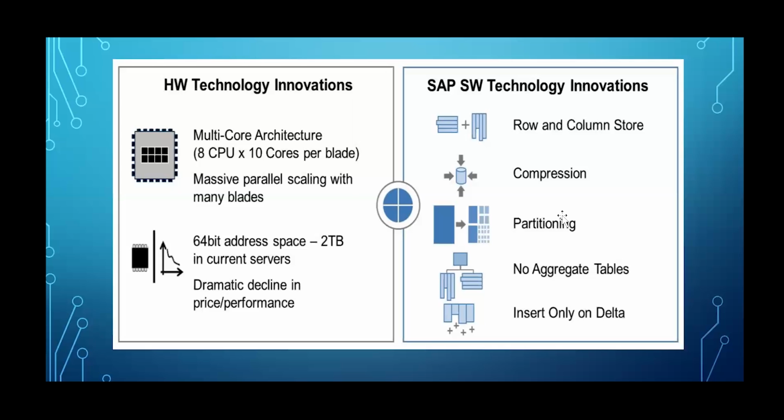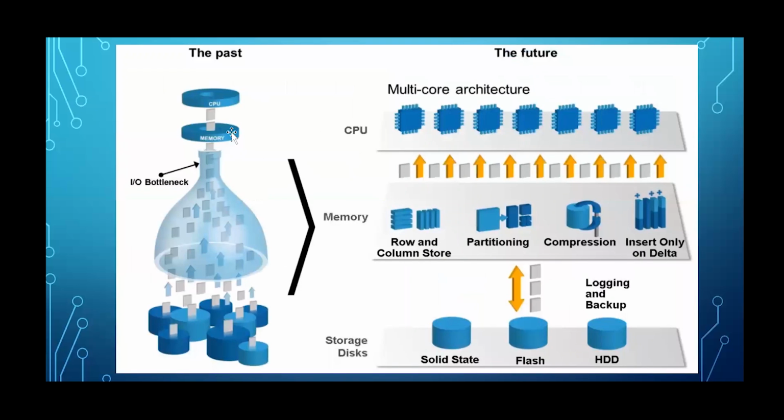Here is a different pictorial representation to show what happened so far and what the current scenario is. In the past, a lot of records were input, but it's a funnel-like structure with a FIFO strategy. What is FIFO? Have you heard about FIFO?